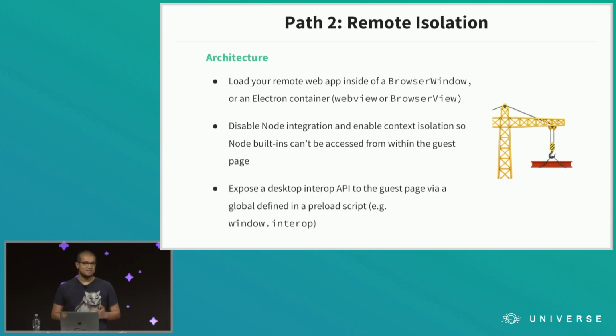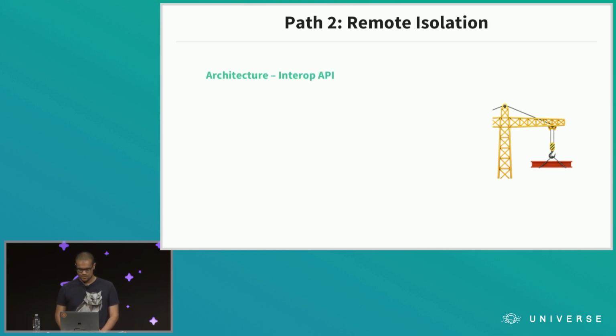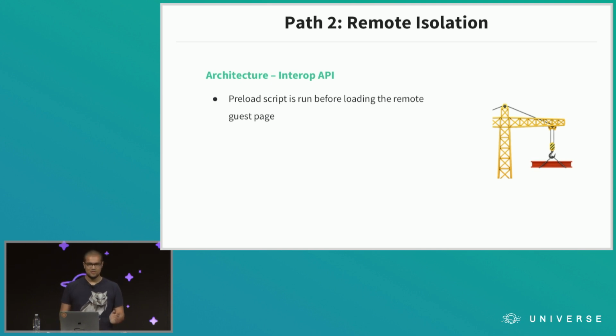But you can still give your guest web page or remote web app some superpowers by exposing a desktop Interop API. And you define this in a preload script. So let's dive into that a little more. This preload script, as I mentioned, is run before we load the remote guest page.